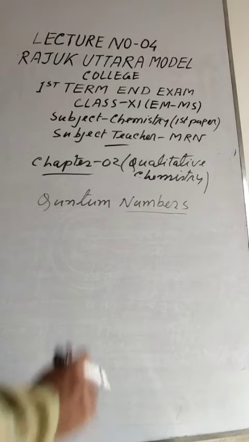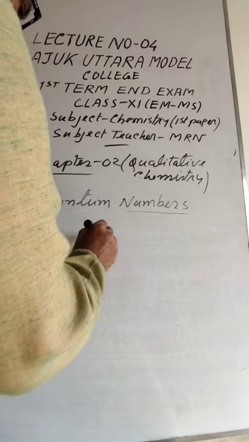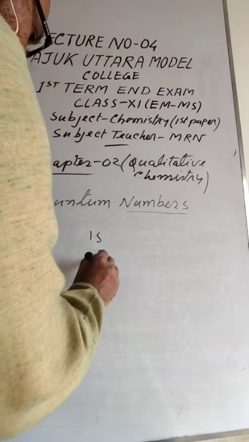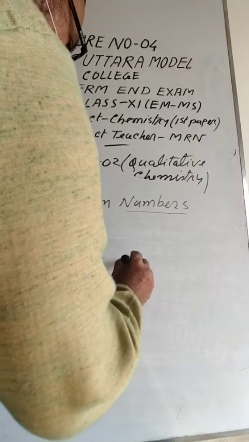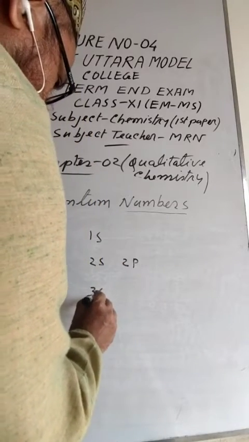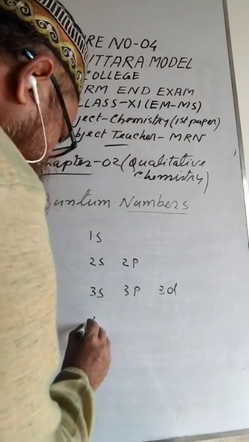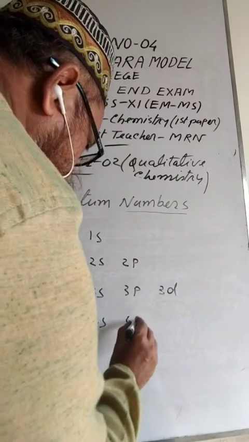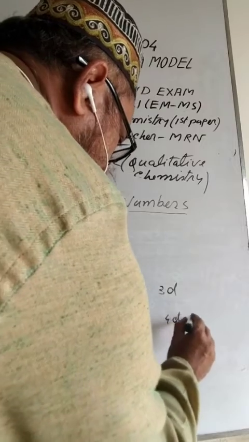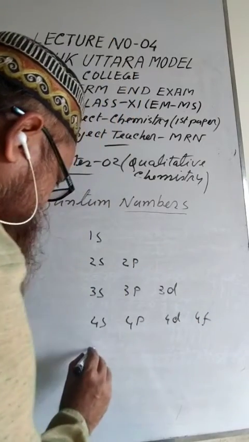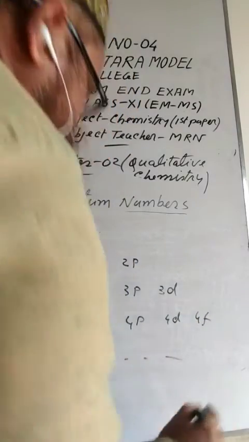Now, if you write, the first orbit is this one, second orbit is this, third orbit, fourth orbit, and fifth orbit. I am writing all just once.